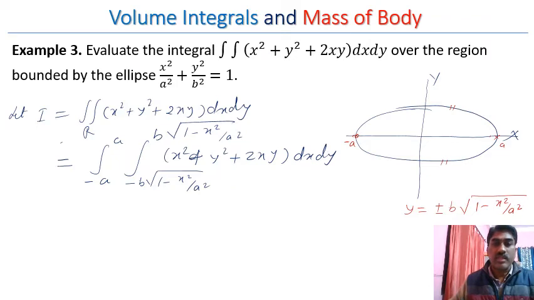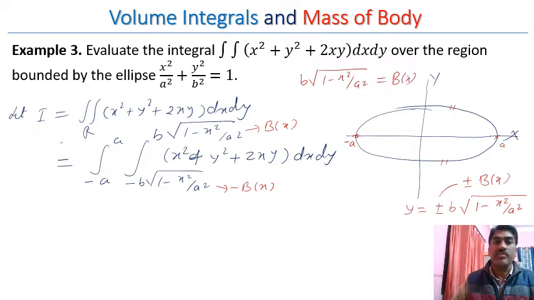So for the sake of writing easiness, let us take the upper limit as capital Bx, and then obviously the lower limit is minus Bx, where Bx means b square root of 1 minus x square by a square, we will take it as Bx just for the sake of writing easiness.